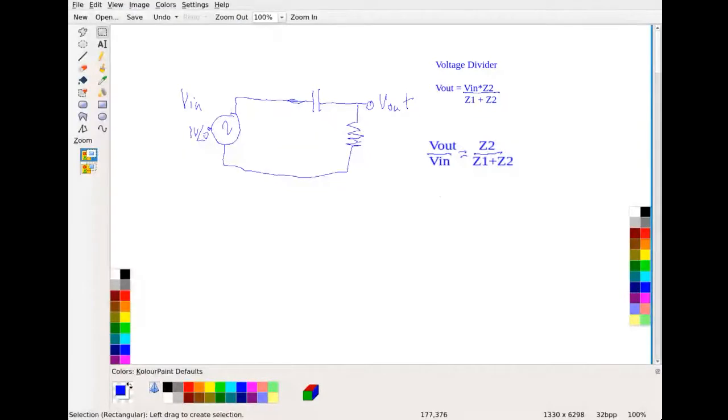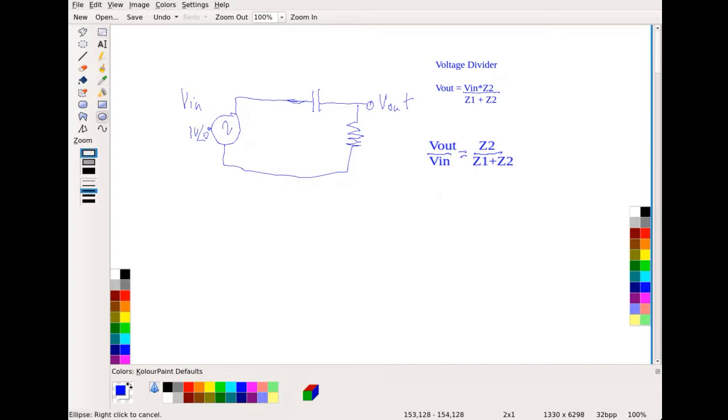So here's just a simple RC circuit at this point. I don't have an inductor in it, and for most of today's discussion we'll probably be just talking about RC circuits.